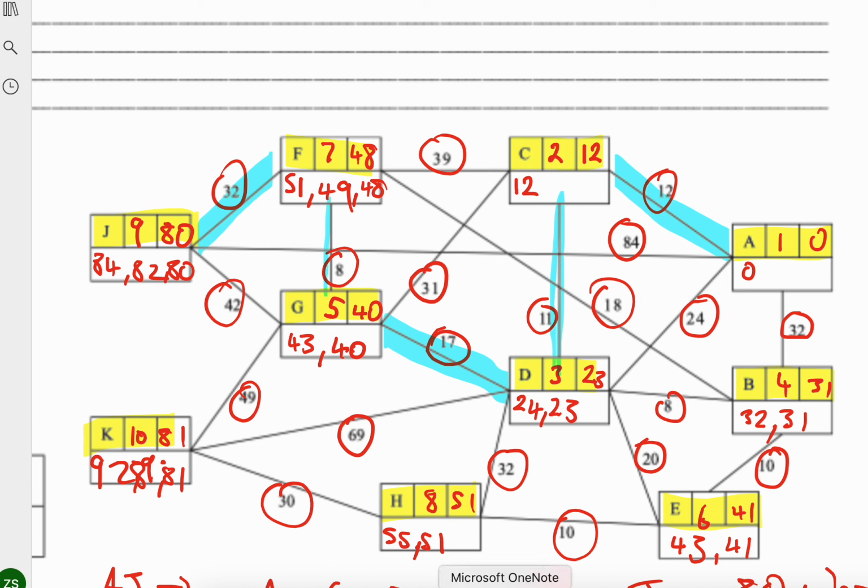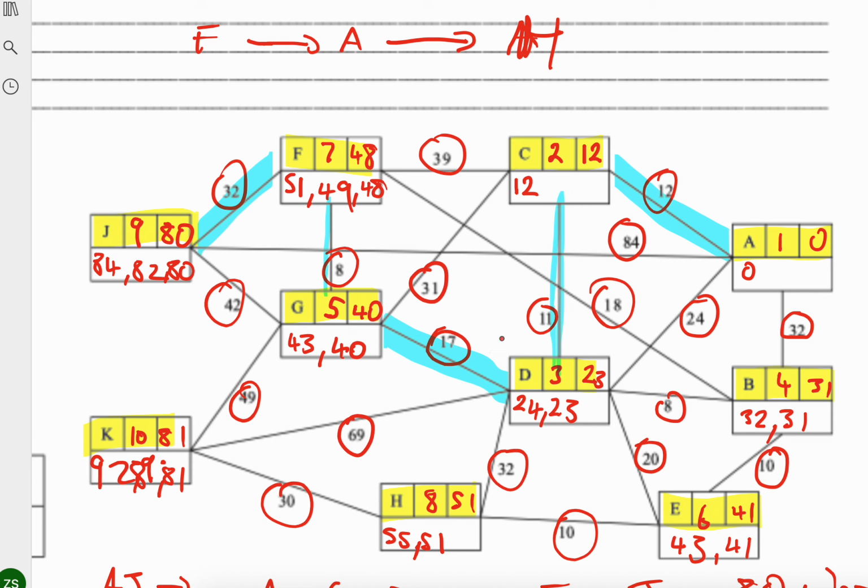What are we really asking? Trying to find the route that includes us going from F to A to H, right? But what's the shortest distance from F to A? We've already got that.